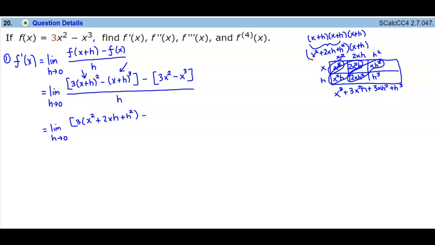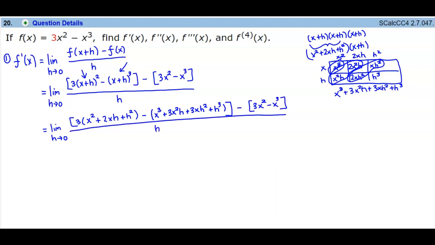So that means we're going to have minus over here, x cubed plus 3x squared h plus 3xh squared plus h cubed, and then minus 3x squared minus x cubed, and then we're going to divide that by h. Now let's go ahead and distribute, and then we're going to combine like terms.